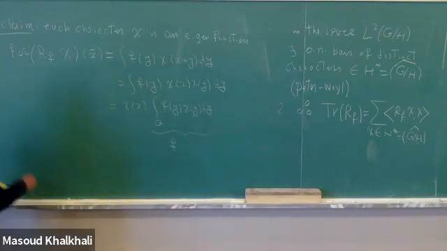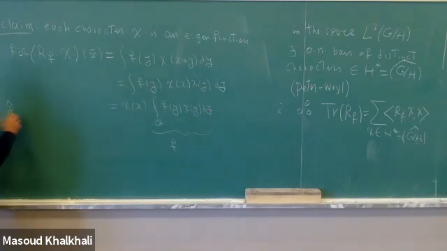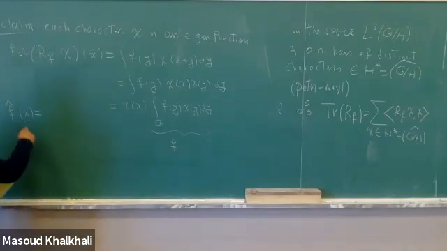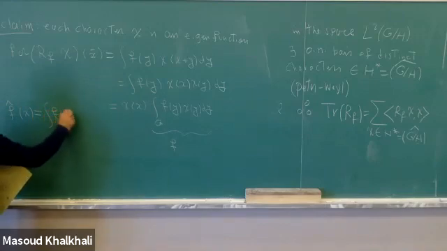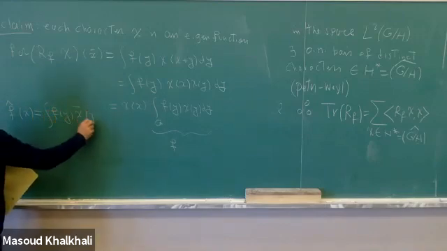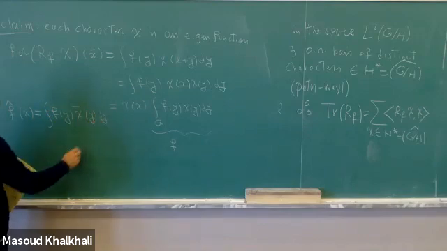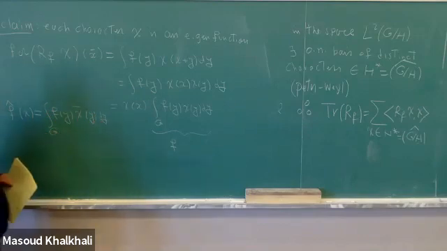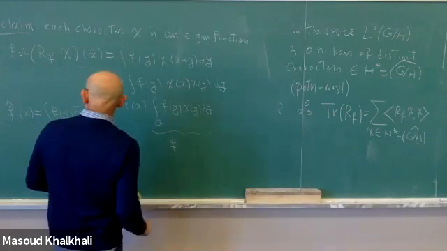So what was f hat? F hat of a character was equal to the integral of f of y chi bar of y, dy over G. Here I've got chi of y.